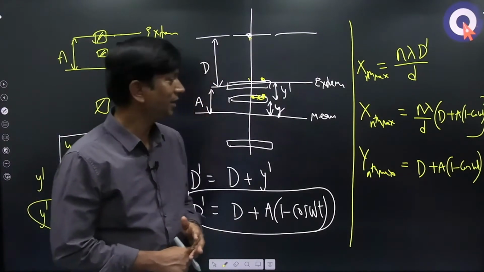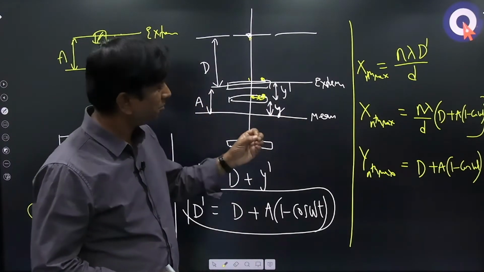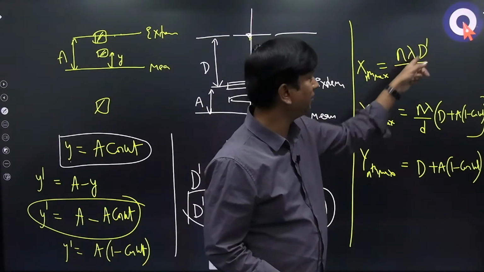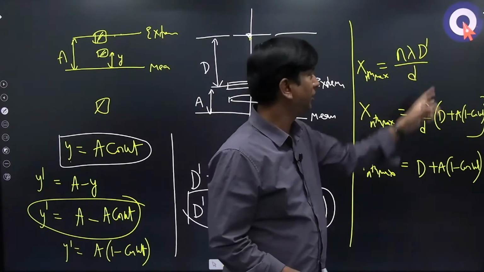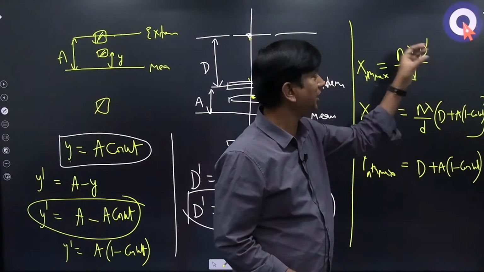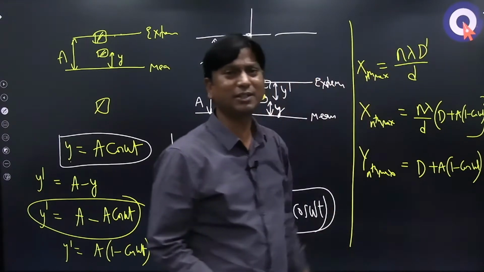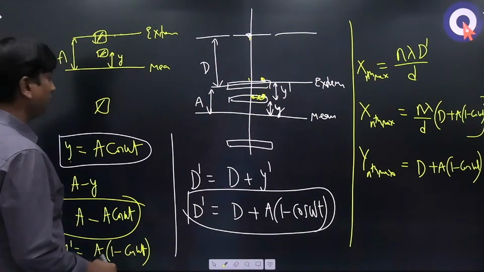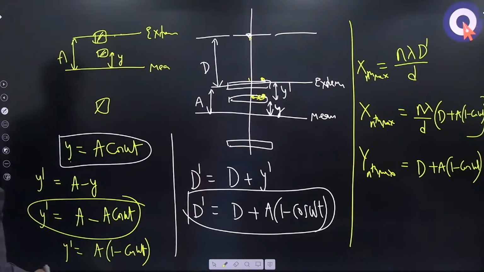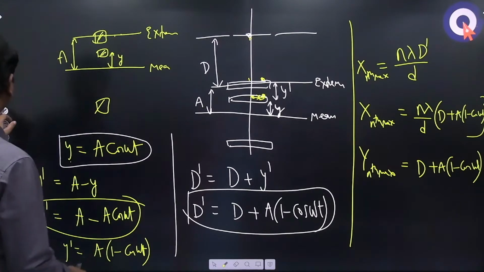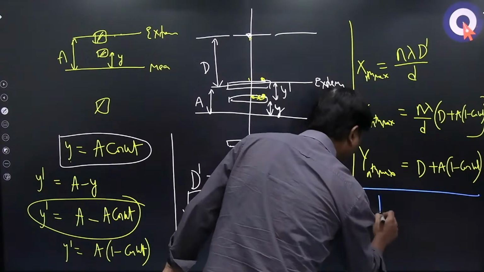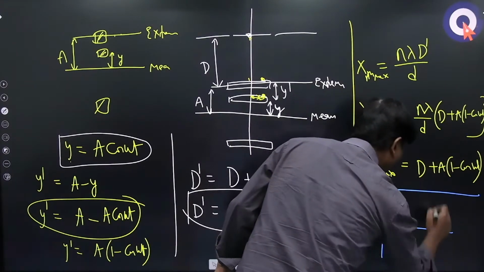And see, most of the time the position, whatever we do, is n lambda capital D by small d. So whatever the D changes, that function you substitute there. That's it, and the problem will be solved. Sometimes the question can be like this. Suppose you have YDSE, this is a screen.